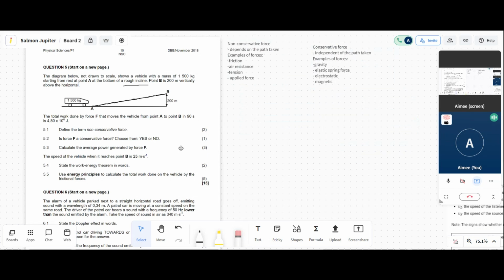Okay, so now they say, is force F a conservative force? Choose from yes or no. And they've just said that the total work done by force F, which moves the vehicle from point A to point B in 90 seconds, is 4.80 times 10 to the power of 6 joules. So basically, force F is an applied force.